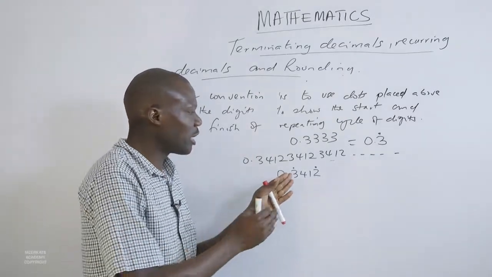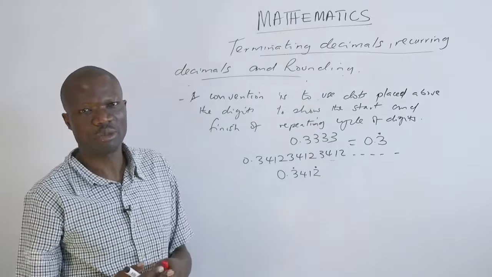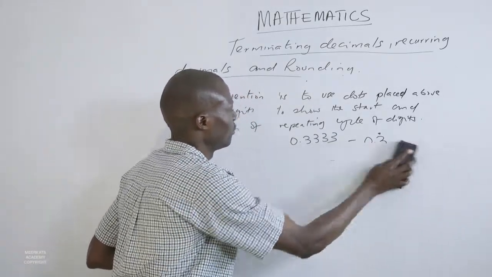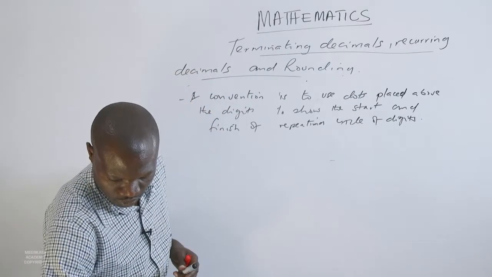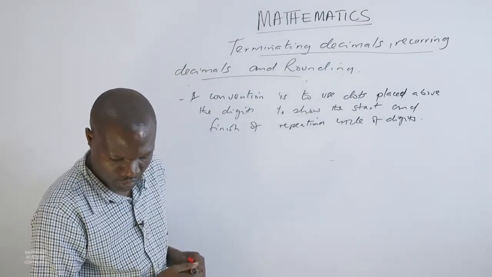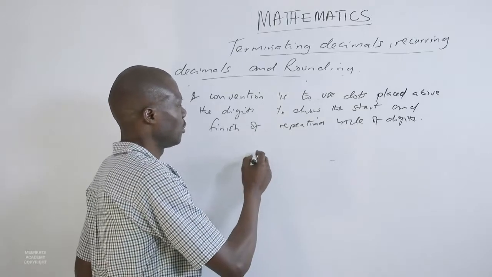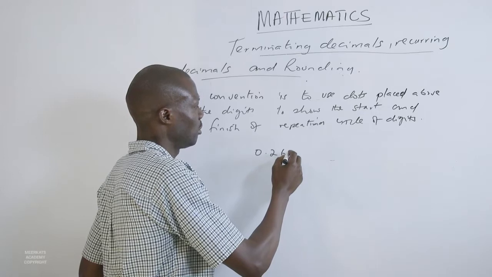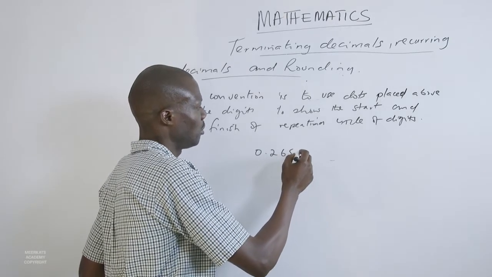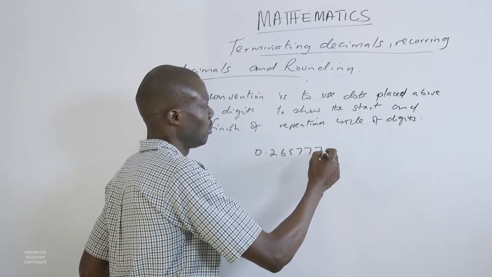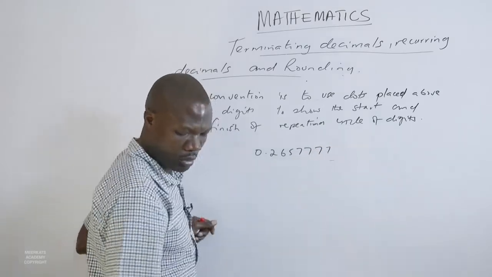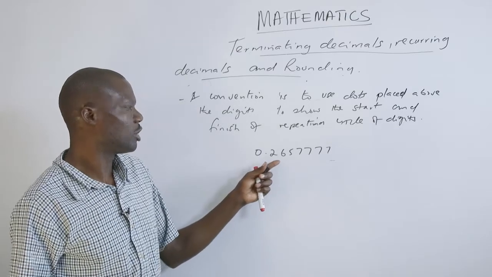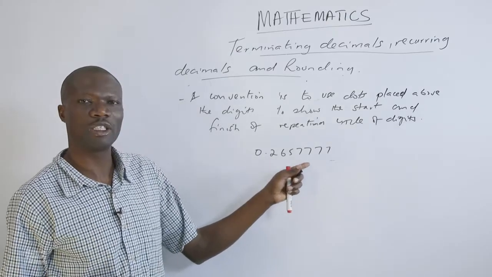Supposing the digits that were recurring come after some decimal places, for example 0.26577777.